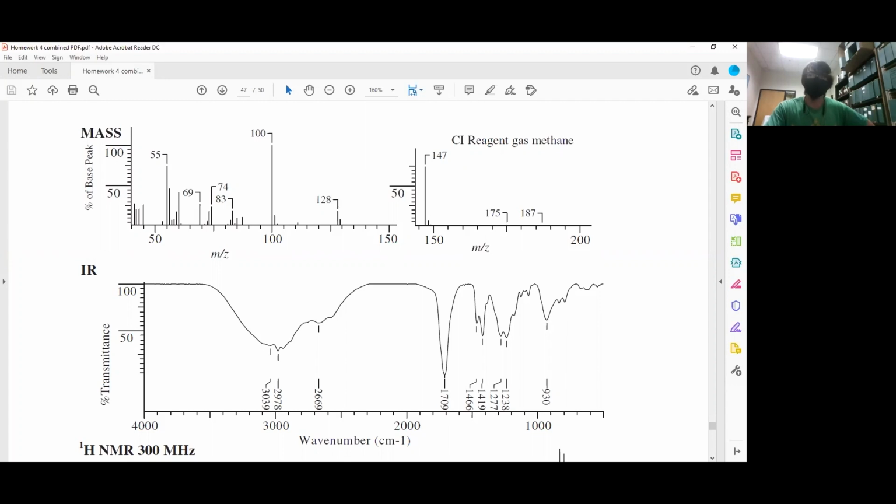And then if I see a nitrogen, I'm looking for amines or potentially amides in the IR spectrum. Isotope patterns. So this just looks like a regular one. We have some amount of C13 contributing to that small peak. But if we have a halogen like chlorine or bromine, we'll have a more obvious isotope pattern.